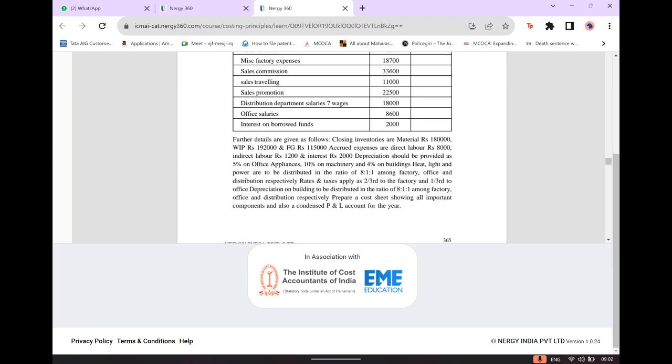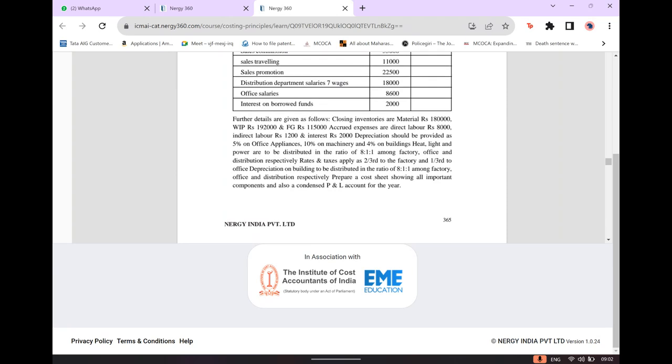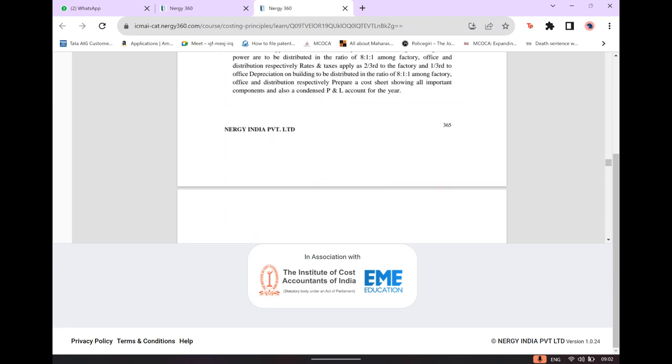Depreciation on building is to be distributed in the ratio of 8:1:1 among factory, office, and distribution respectively. Prepare a cost sheet showing all important components and also a condensed P&L account.